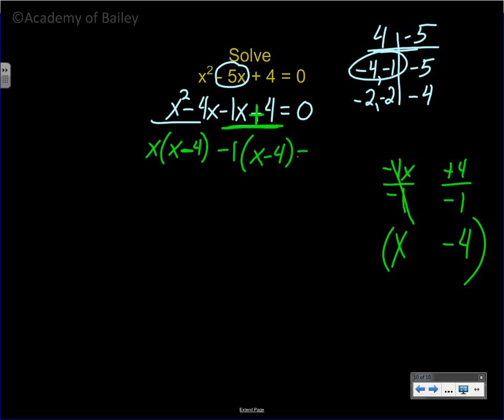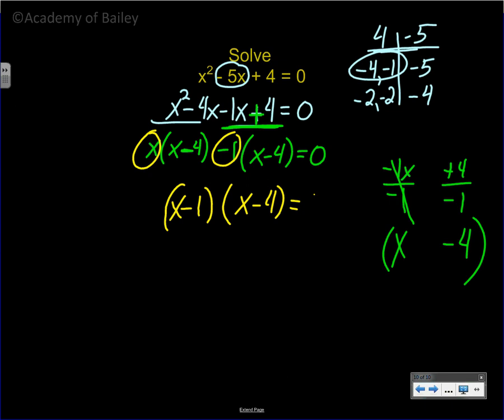x minus 4 equals 0. These two go inside their own parentheses. And I know I'm not usually putting those two first in parentheses, but it doesn't matter which parentheses goes first. And now we solve this out.